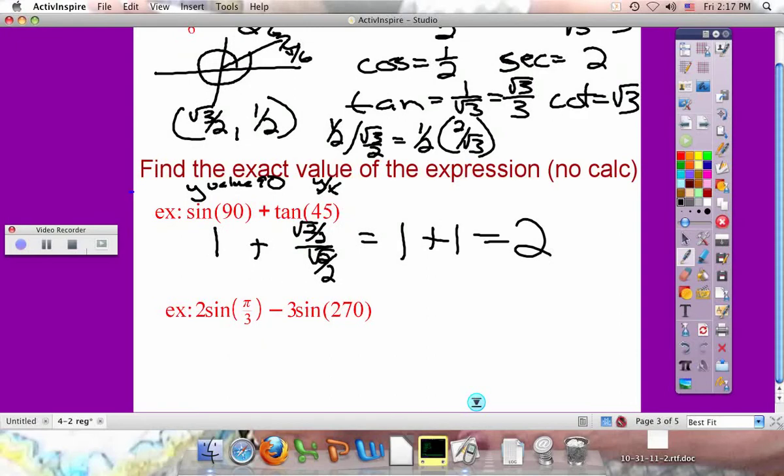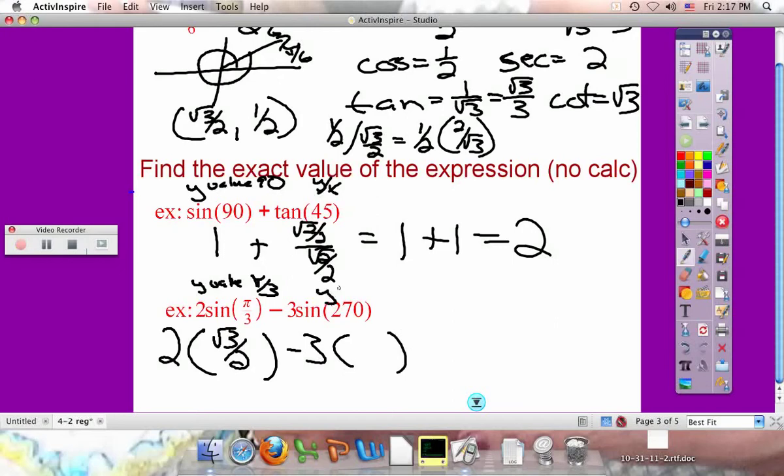For the next one, this says to take 2 times the sine of pi over 3. So what is the y value at pi over 3? So look at pi over 3. The y value is square root 3 over 2. Minus 3 times the sine.